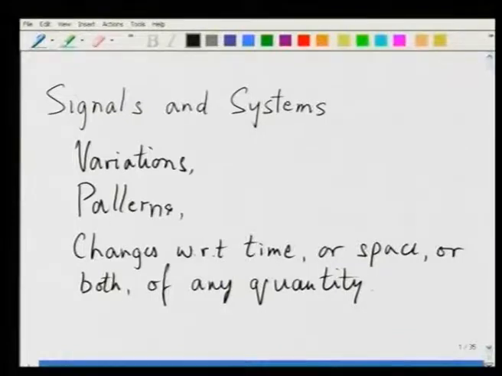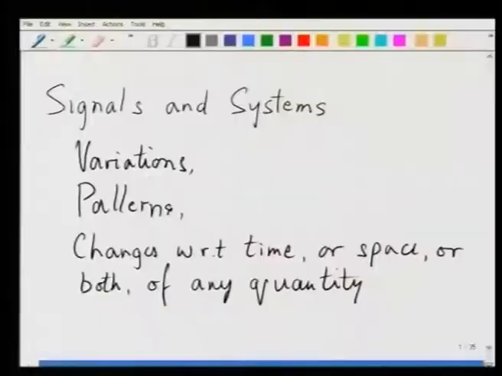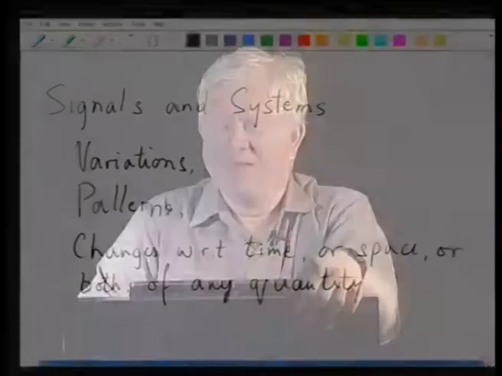Now, you might like to ask what quantity, and that precisely is the question that the study of signals and systems does not concern itself with. We are not concerned with what is changing, we are concerned with the change itself. I do not know if that statement is clear enough. Let me bring forth a few examples to make my point.